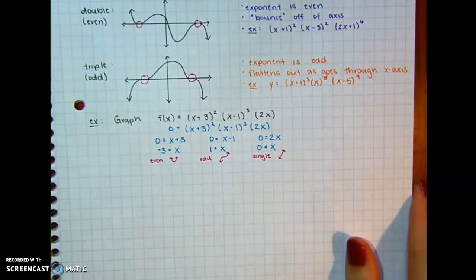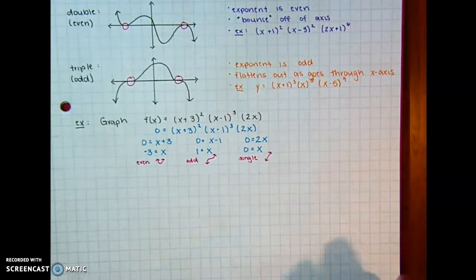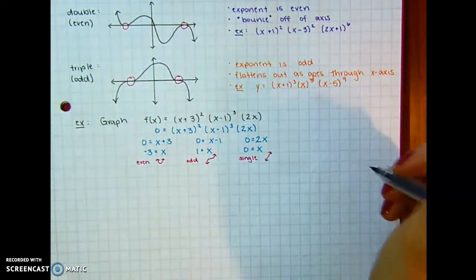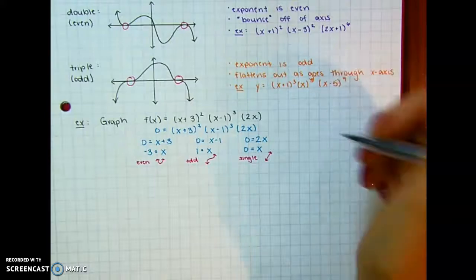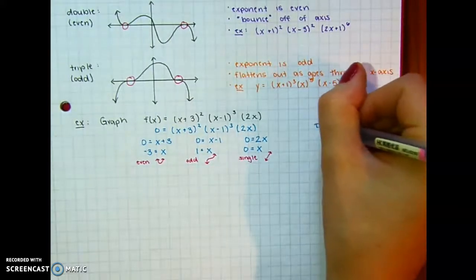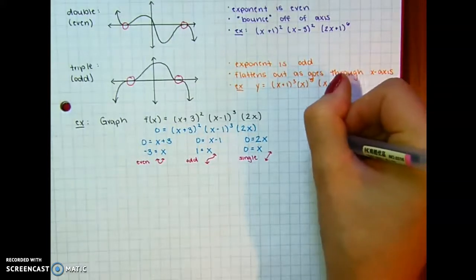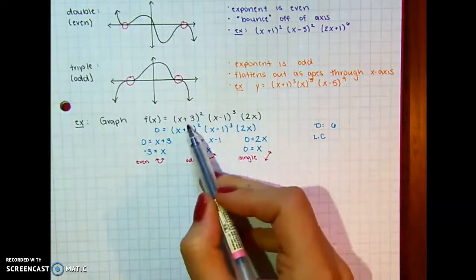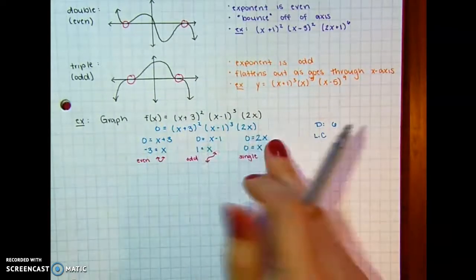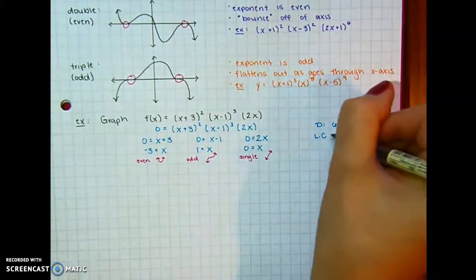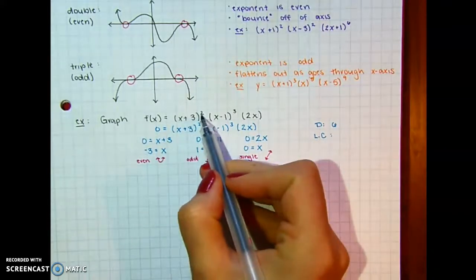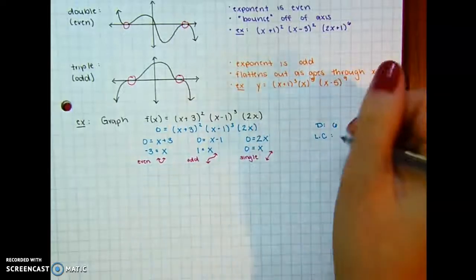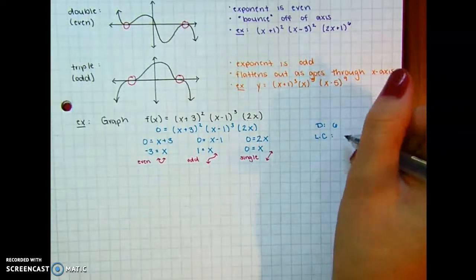Now we want to do the leading term test because we need to know what the end behavior is going to be like. So the degree is 6. The leading coefficient, right? So 3, 4, 5, 6, because if I expanded this and FOILed everything out, we would have 1 squared, so that's just 1, times 1 cubed, which is 1, times 2, so that's going to be 2.